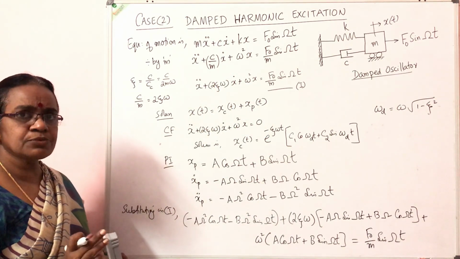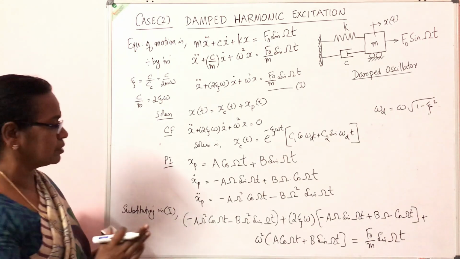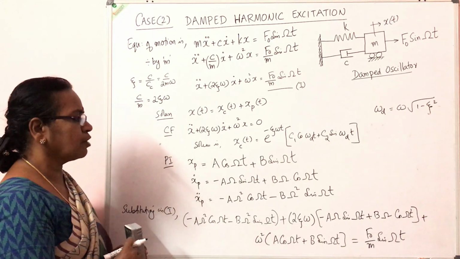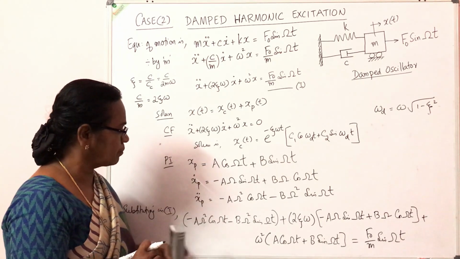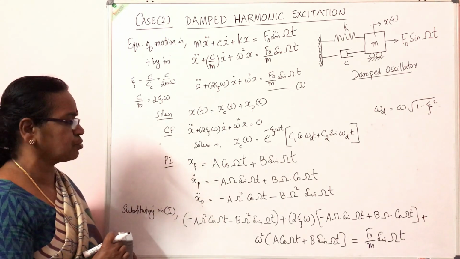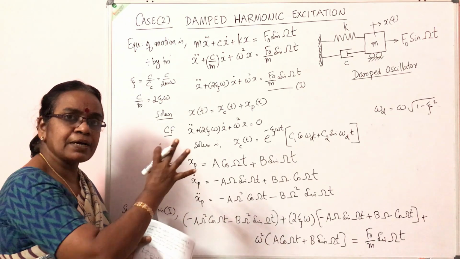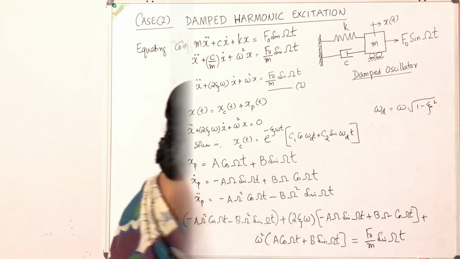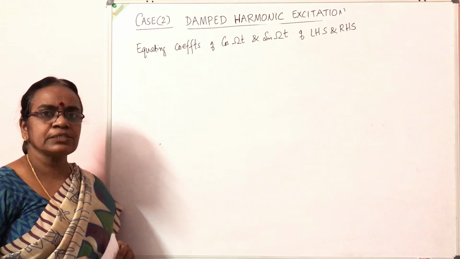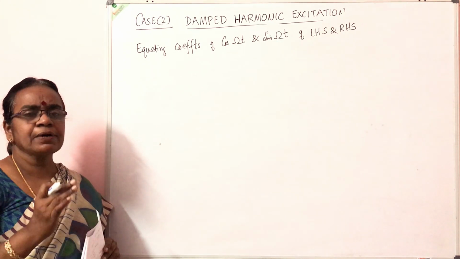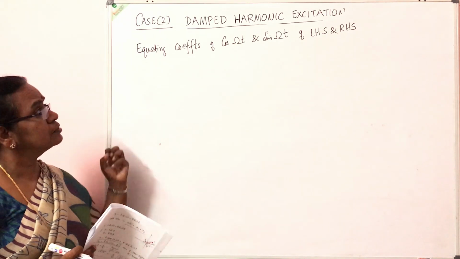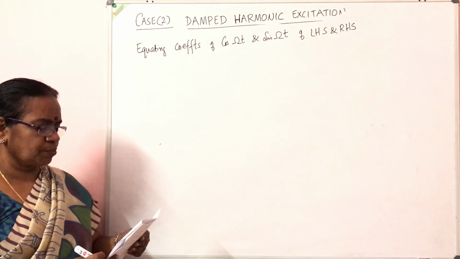Now what we are going to do is compare the similar terms. Combine the cos omega t and sin omega t terms together and compare the left hand side with the right hand side. So from the previous equation, we compare the terms of left hand side and right hand side. Take down the terms of cos omega t.